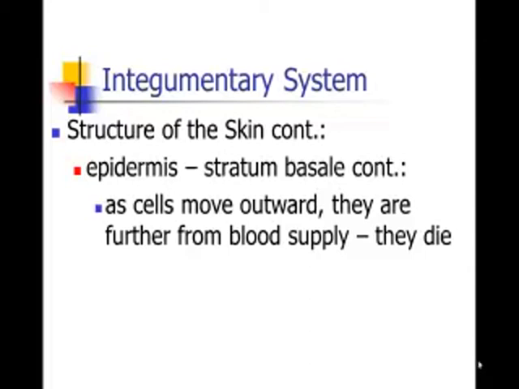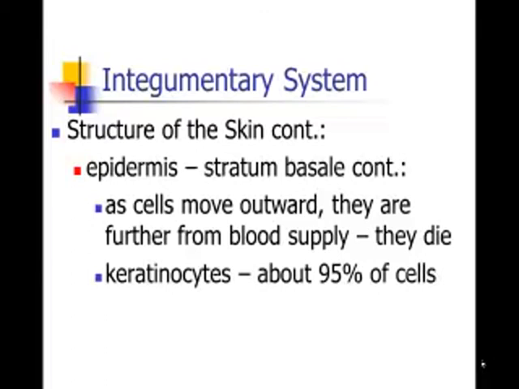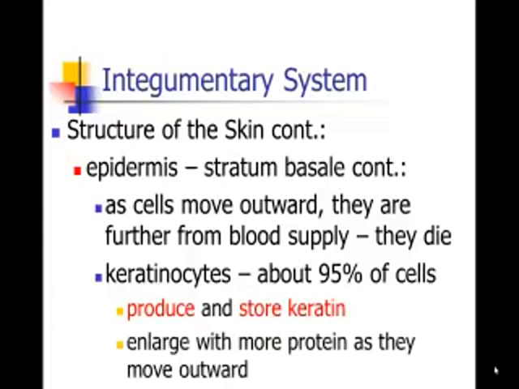The keratin also causes them to die. Keratinocytes make up about 95% of these cells, and they have a couple of functions. They produce and store keratin, and as they get more and more protein incorporated into them, they enlarge.